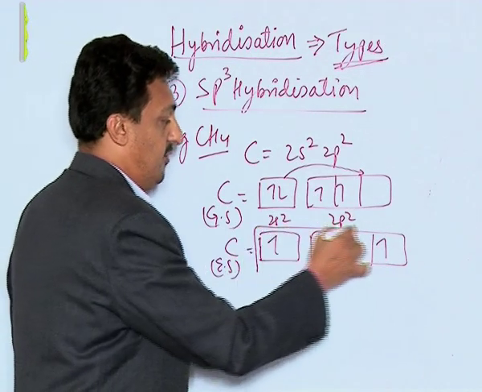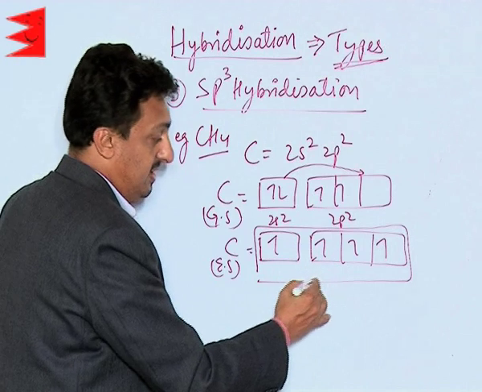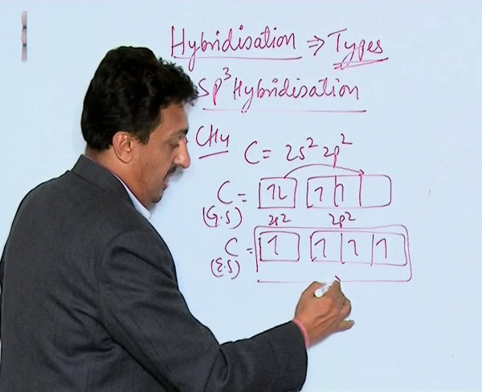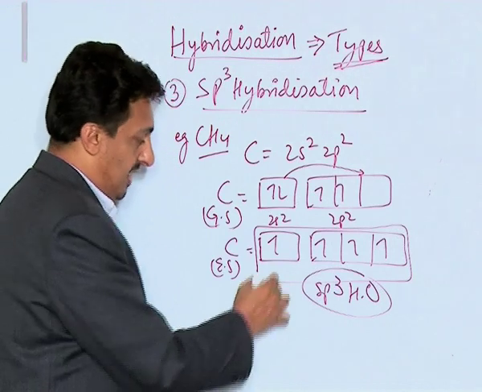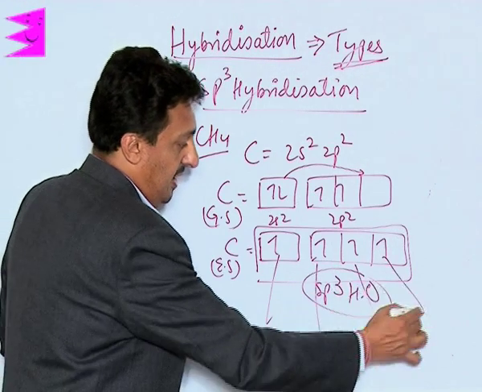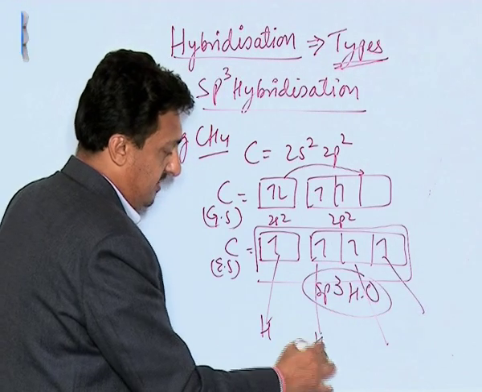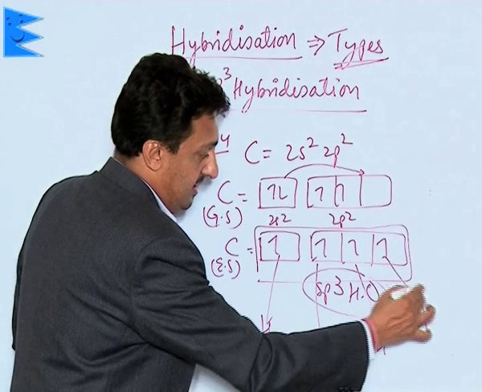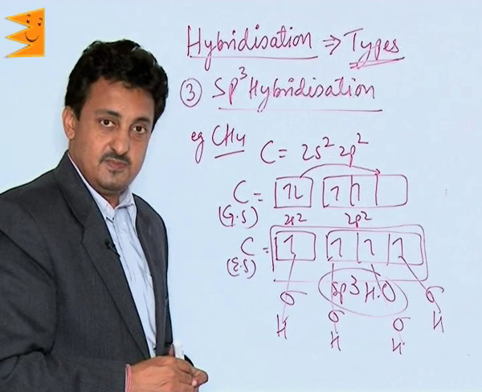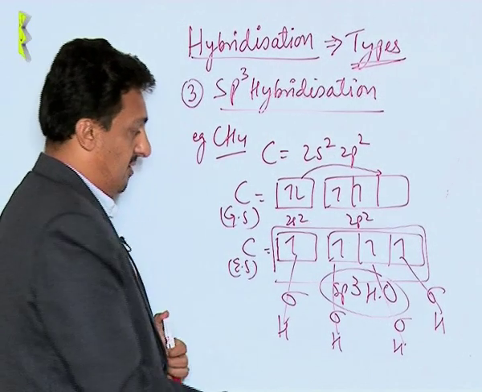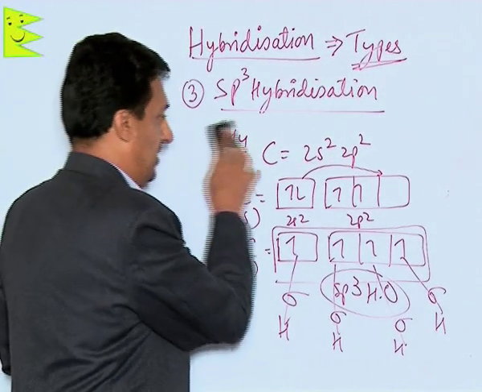Now all these 4 orbitals, one s and 3 p, are combined to form sp3 hybridized orbitals. And in this way, all these 4 unpaired electrons overlap with 4 hydrogen atoms and form 4 sigma bonds. Now let us see what will be the structure of this molecular species.